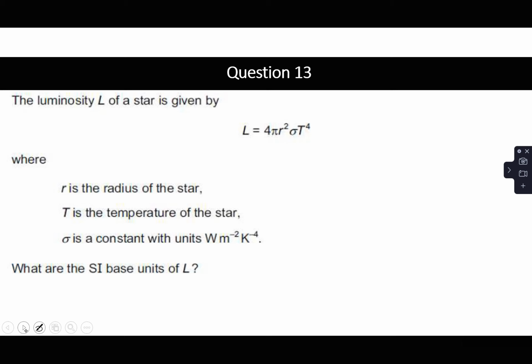If we are talking about the luminosity of a star, then we are referring to the total radiant power emitted by that star, or the total energy radiated by a star per unit time. So the luminosity of a star is given by that expression. R is the radius. The base units of R are meters. T is temperature. The base units of T are kelvin.